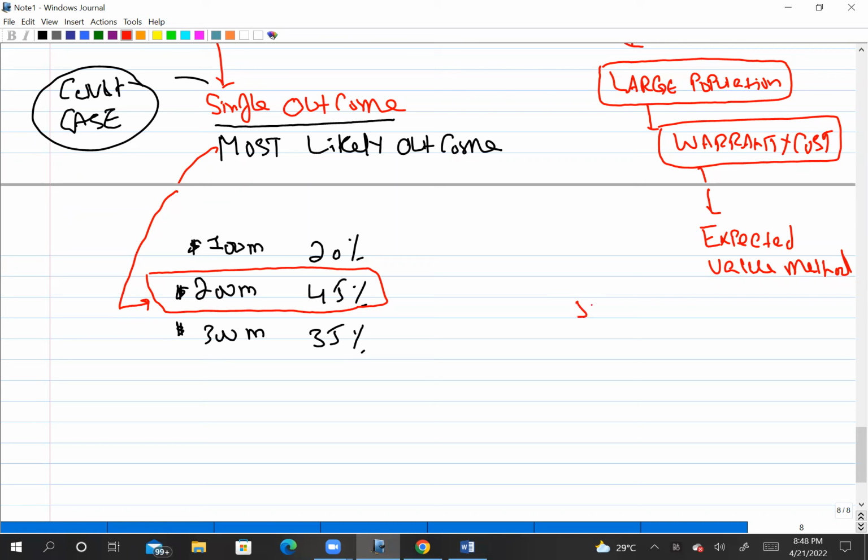For example, let's assume a company sold 100,000 units. There will be no default in a product; the chances are 70%.